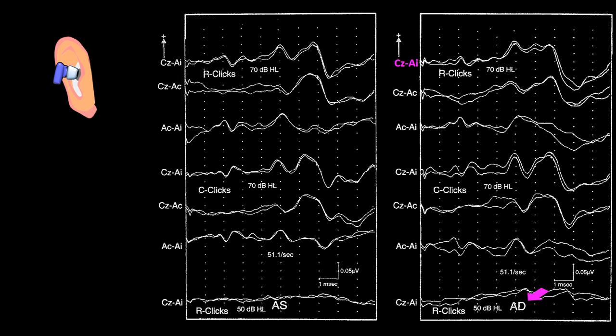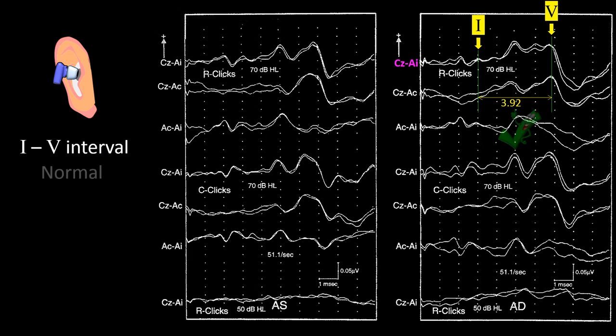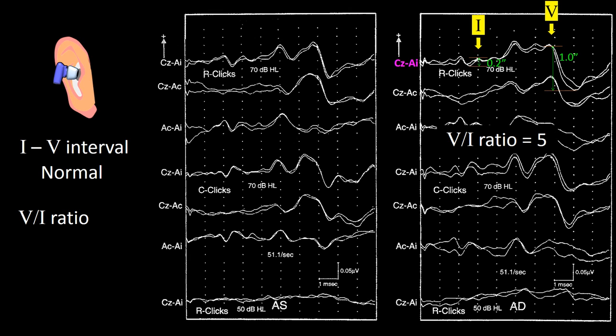Stimulation of the right ear, remember D stands for right, will allow us to measure the 1 to 5 interpeak interval, that in this case is normal, and to analyze the 5 to 1 ratio, which in this case is also normal, as you can see in this frame.